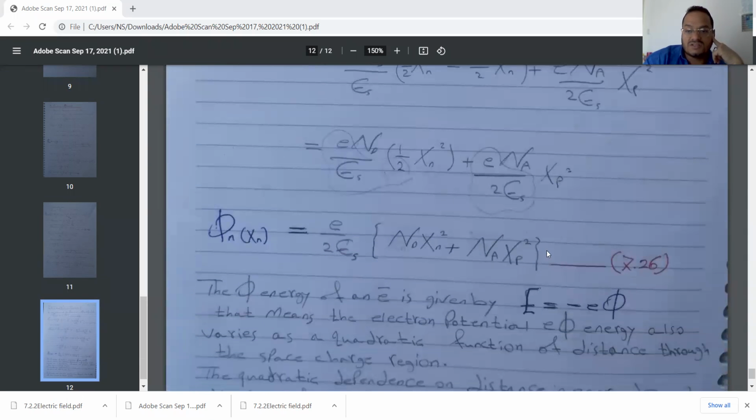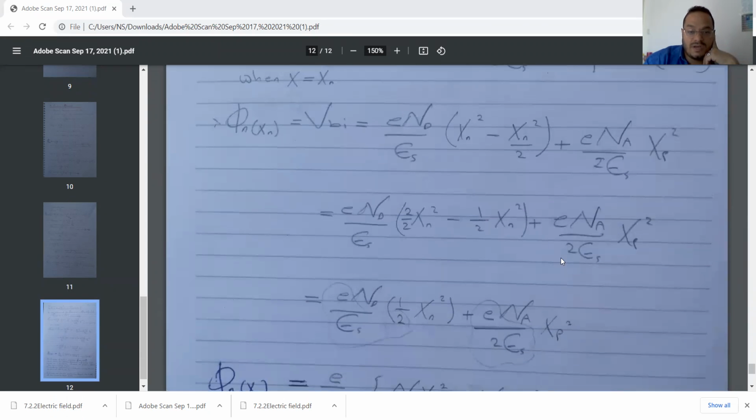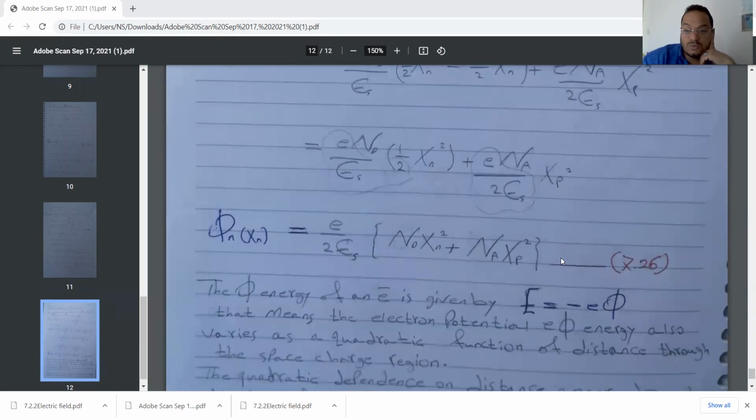Yes, but actually maybe I forgot it right here: V_BI at last equals equation 7.26.